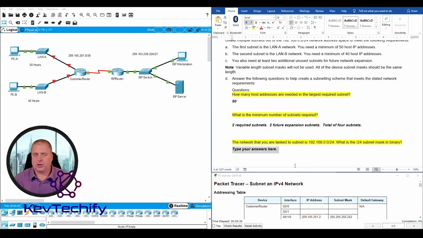Once again, with the 32 bits, we're going to put them in octets. Every 8 bits, we're going to put a period. That just helps us as humans better read it.